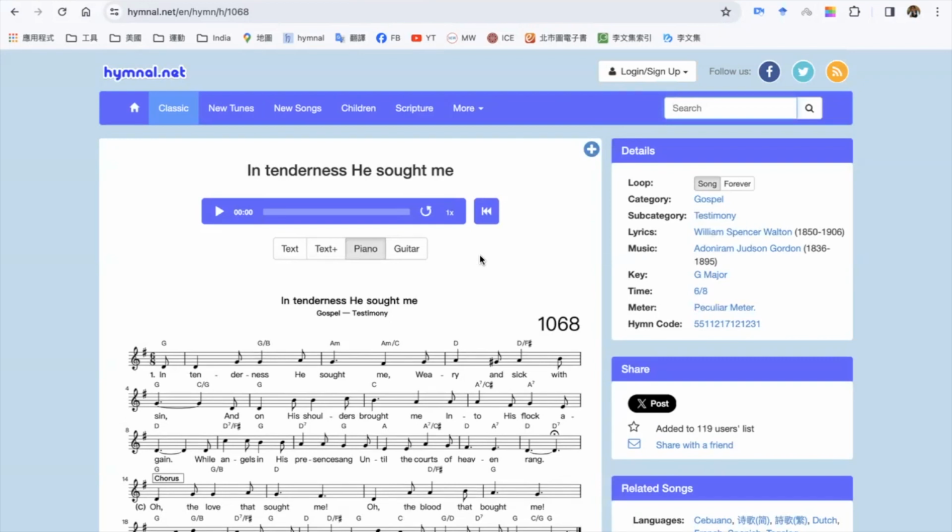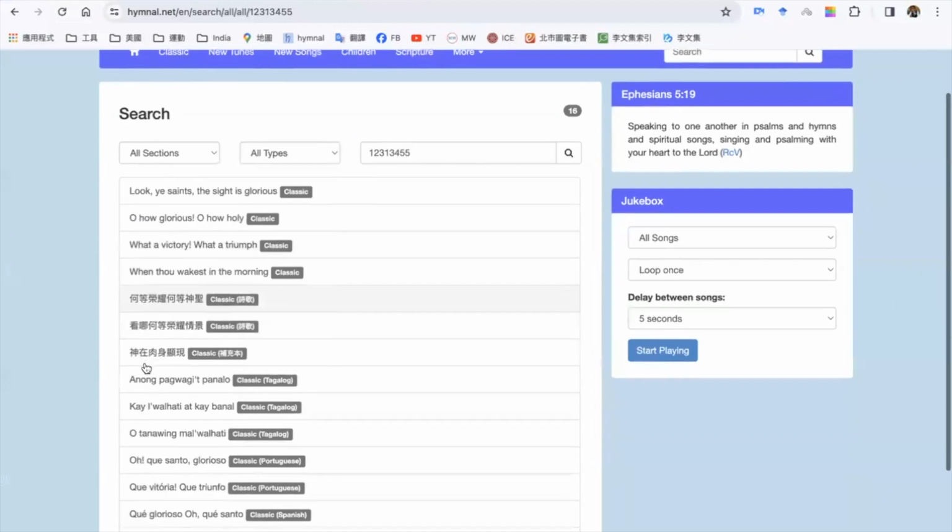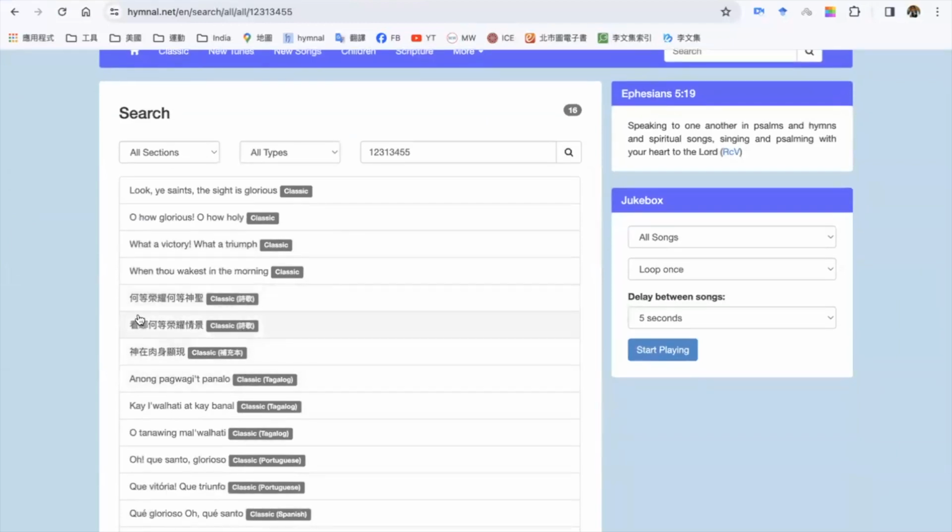It sounds like this: do re mi fa so so. So when we come to hymnal.net, we can search here: do mi fa so so, and then we search. We can see there are 3 hymns.